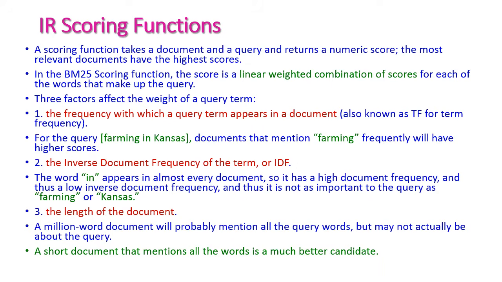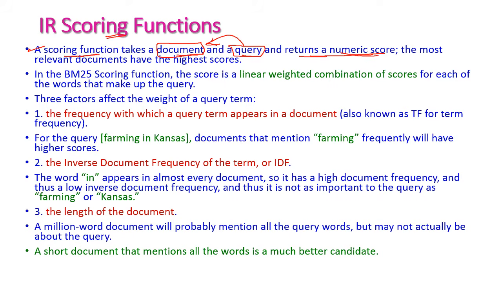IR scoring function. The IR scoring function takes a document and a query. That is, the document which will be retrieved by using this particular query. After entering this query, it will return a numeric score.